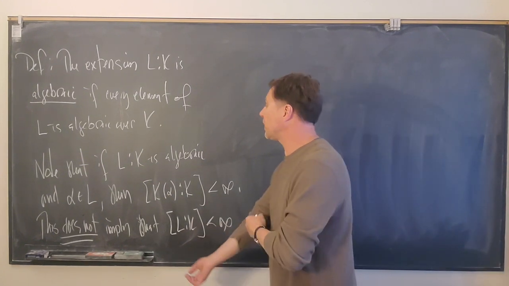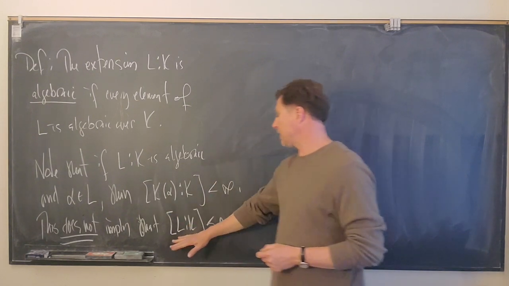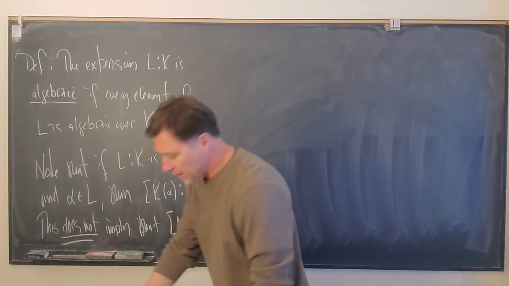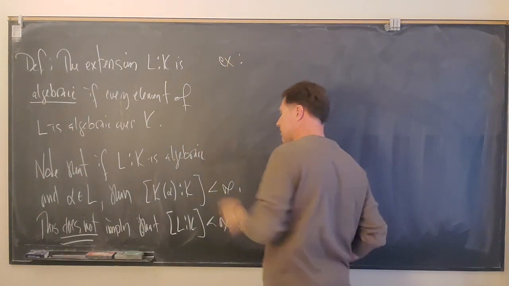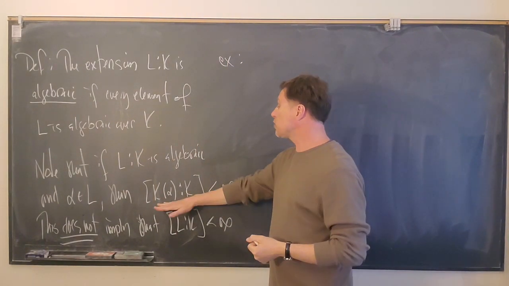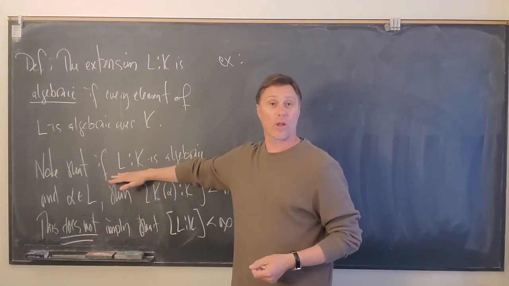Just because every element of L is algebraic over K, that does not mean that this extension is finite. I guess what I'm trying to say is just because one by one we get finite extensions here, that does not tell us that the overall extension is finite.